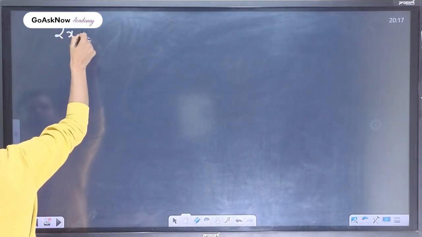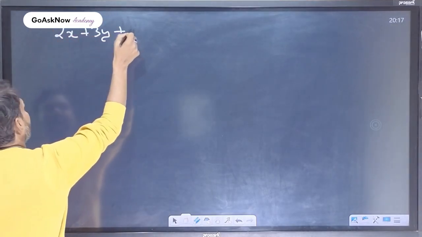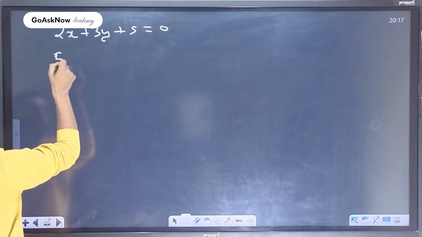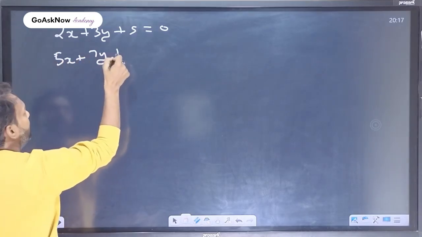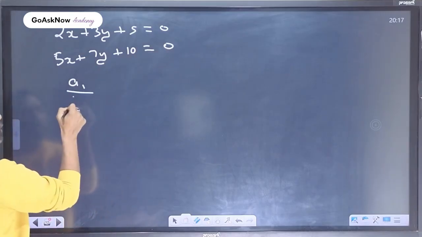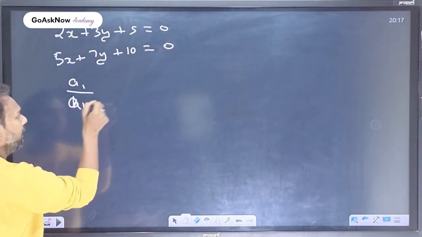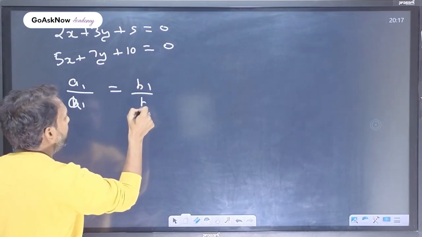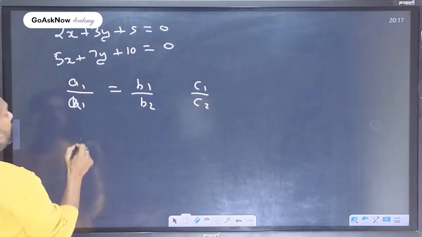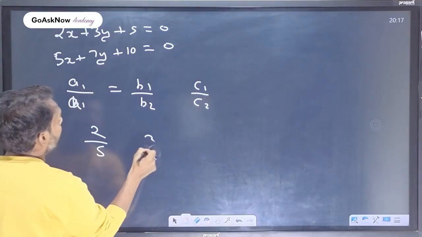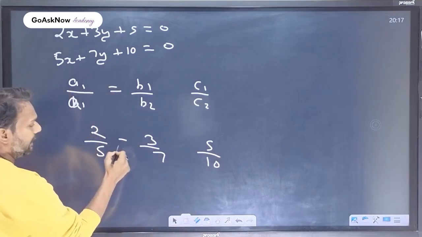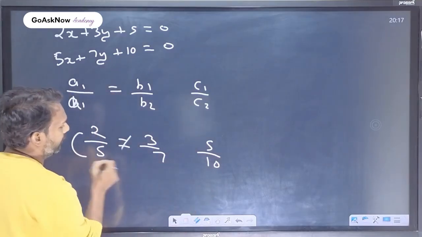Suppose 2x + 3y + 5 = 0 and 5x + 7y + 10 = 0. So we will compare a1 upon a2, b1 upon b2 and c1 upon c2. It's 2 upon 5, 3 upon 7 and 5 upon 10. Now we see that 2 upon 5 is not equal to 3 upon 7.